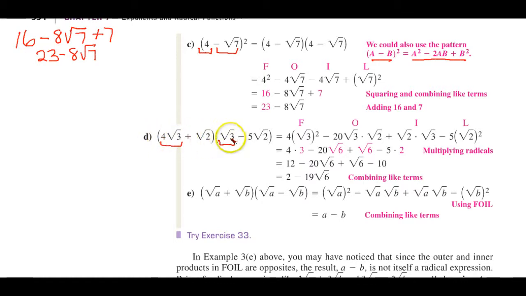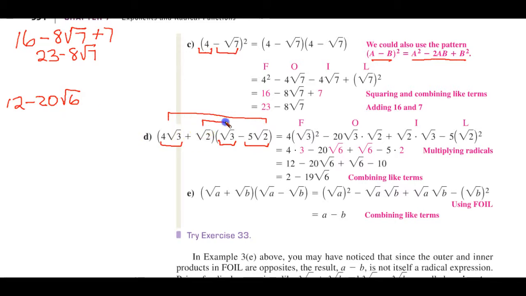So you get 4 times 3 here, gives you a 12 for your first term. Now when you do your outers, this gives you a negative 5 times 4 is a negative 20, and then you have square root of 3, square root of 2 is the square root of 6.